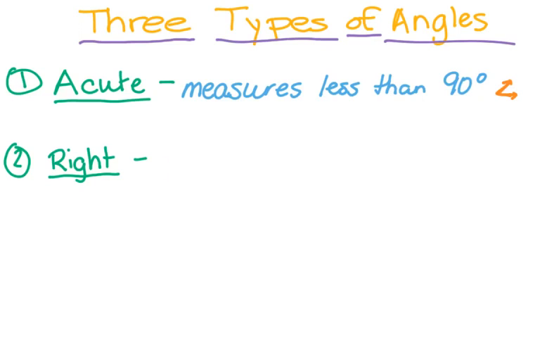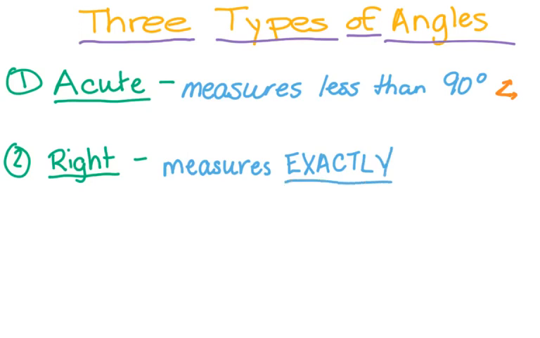So a right angle always measures exactly, and that's a key word there, 90 degrees. So a right angle looks like a capital L. Sorry, this isn't as straight as I'd like it to be, but you get the idea.